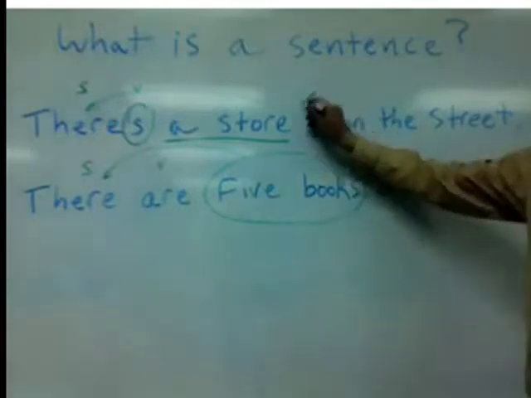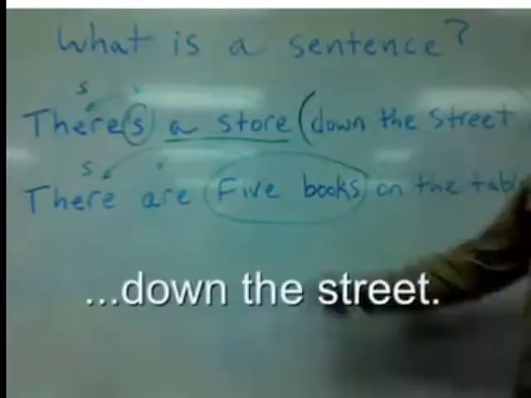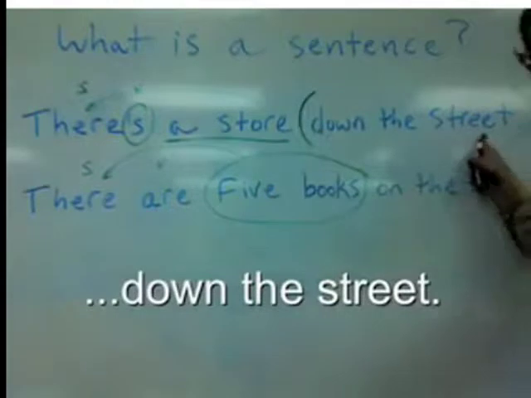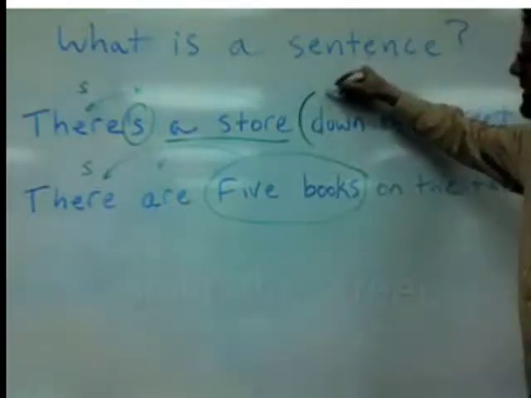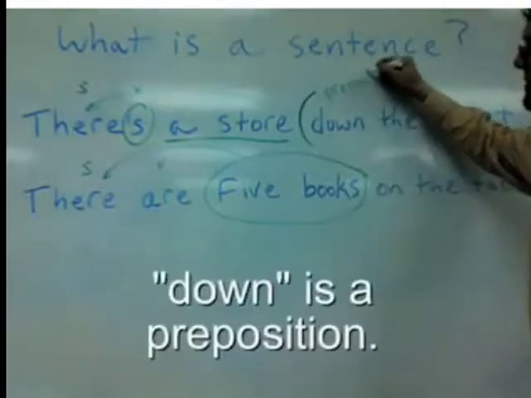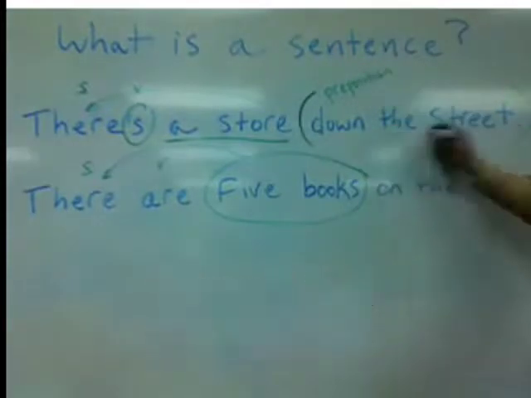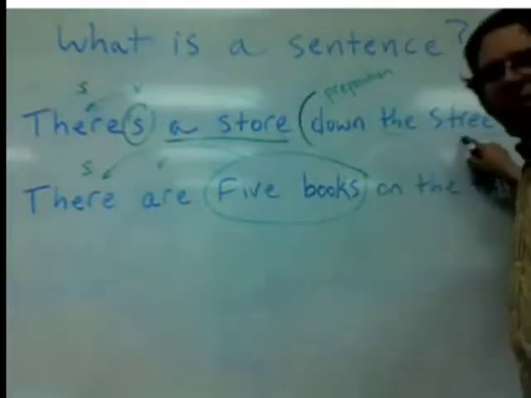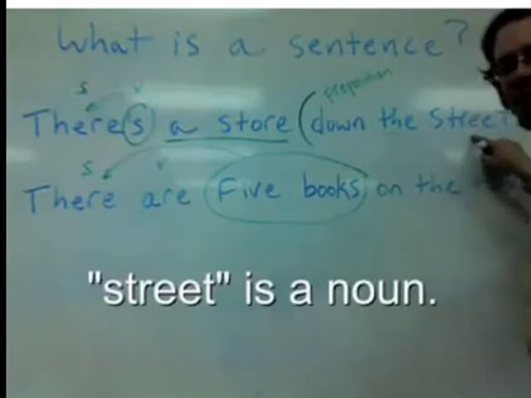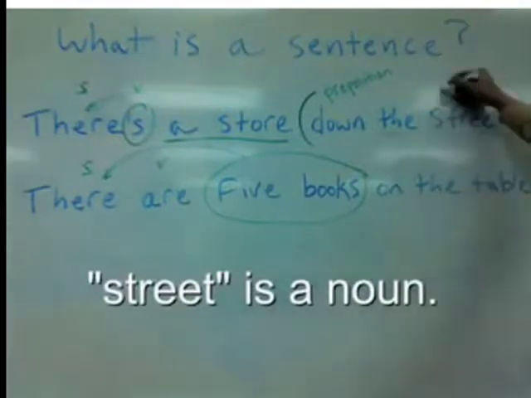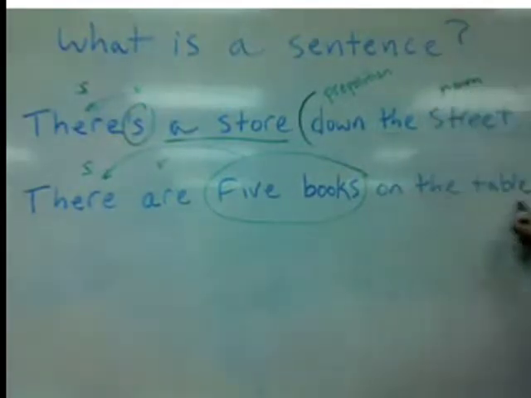In this part of the sentence, down the street. Down is a preposition, and the street is the object of the preposition, and this is a noun. On the table.